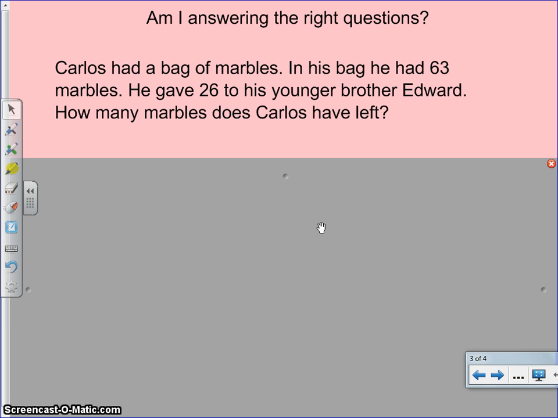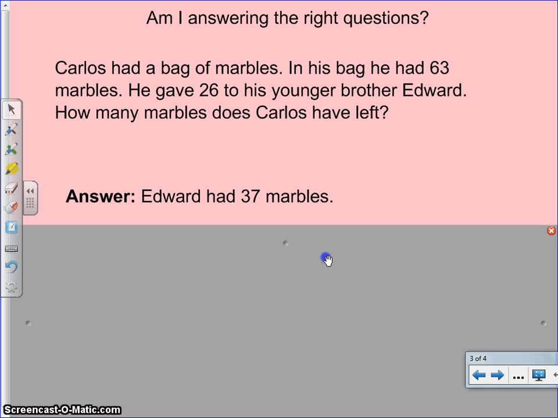And here is an answer. Edward had 37 marbles. At first it might seem right, because 63 minus 26 does equal 37. However, if you read the answer, I'm not answering the right question, because it doesn't want to know how much Edward has, it's asking how much does Carlos have.